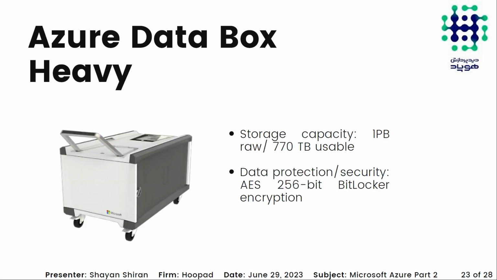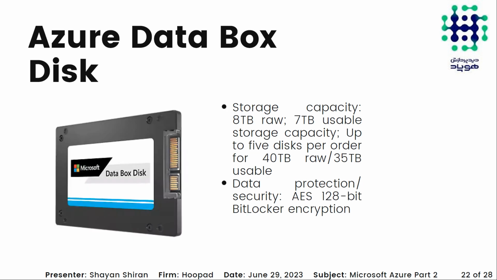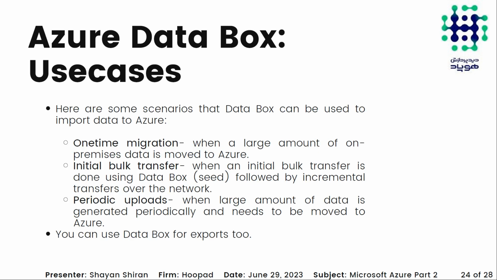And the other one is Azure Data Box Heavy, and this has the storage capacity of 1 petabyte of raw data, of which 770 terabytes is usable, and it uses AES as its encryption protocol, but this time it's 256-bit AES. The other one was 128-bit BitLocker encryption.